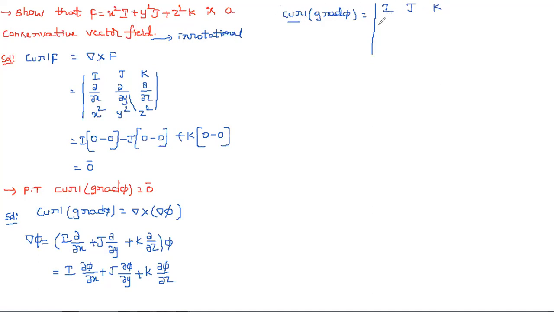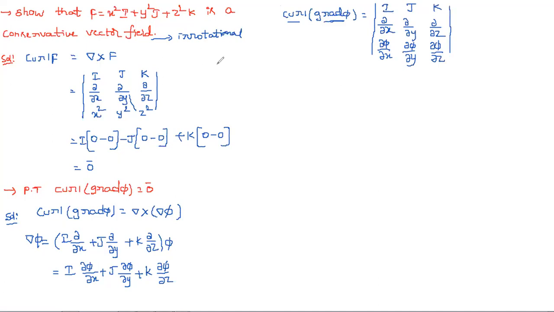So del is dou by dou x, dou by dou y, and dou by dou z. And next, here we get dou phi by dou x, dou phi by dou y, and dou phi by dou z, which is grad phi.